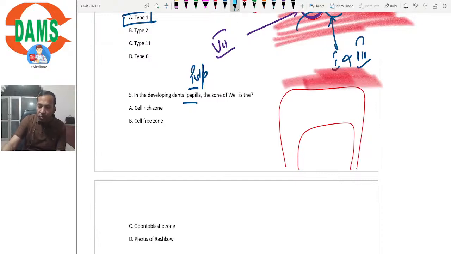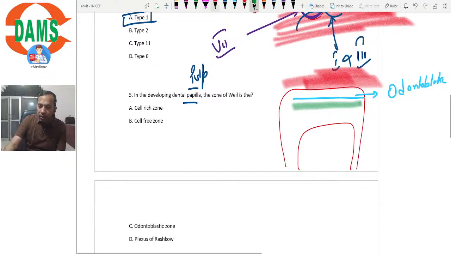The outermost zone is the odontoblastic zone. Just beneath the odontoblastic zone is a cell-free zone.